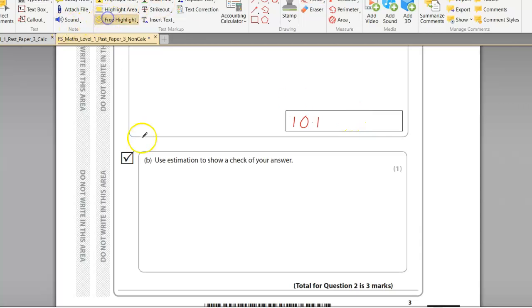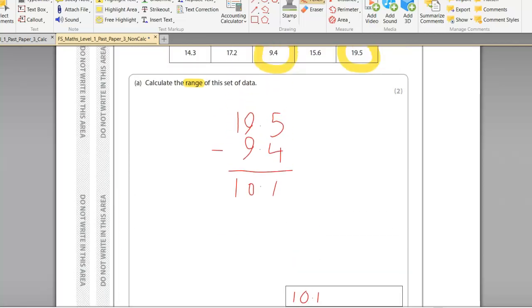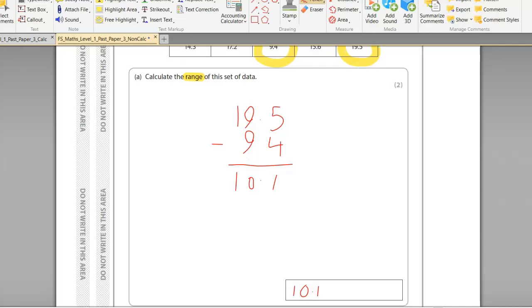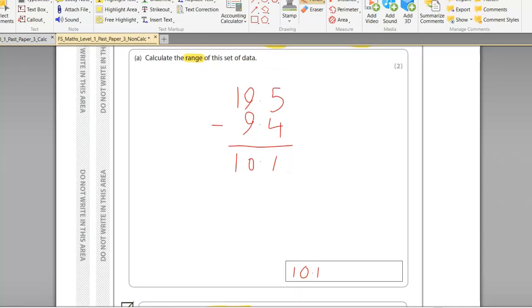Next question says use estimation to show a check of your answer. Now we know when it says show a check, that means reverse calculations ordinarily, just reversing the calculation you just did. But we also know that when a question says use estimation, you have to round the numbers to nicer numbers. So 19.5, we could round that to 20. 9.4, normally we'd say that's closer to 9 than 10.